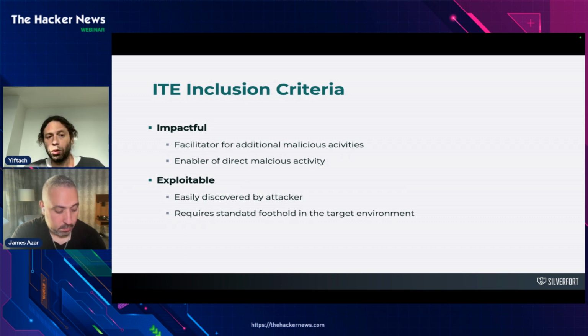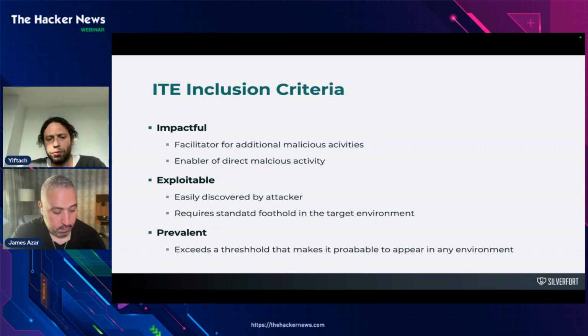It also has to be exploitable, which means if an attacker is in the environment, they should be able to easily discover this ITE, and within a standard foothold, they should be able to use it as well. And it should also be prevalent, which means we actually found some very cool stuff, but it existed only in a very minor subset of the accounts.